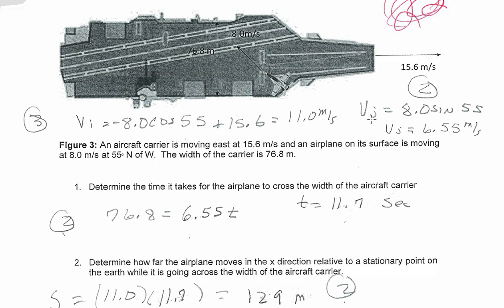The j going across this way is not affected at all by the x direction velocity of this ship. So I'm taking 8 sine 55 for that, and I'm getting 6.55. So the velocity of our plane relative to a stationary point is 11.0 meters per second i plus 6.55 meters per second j.